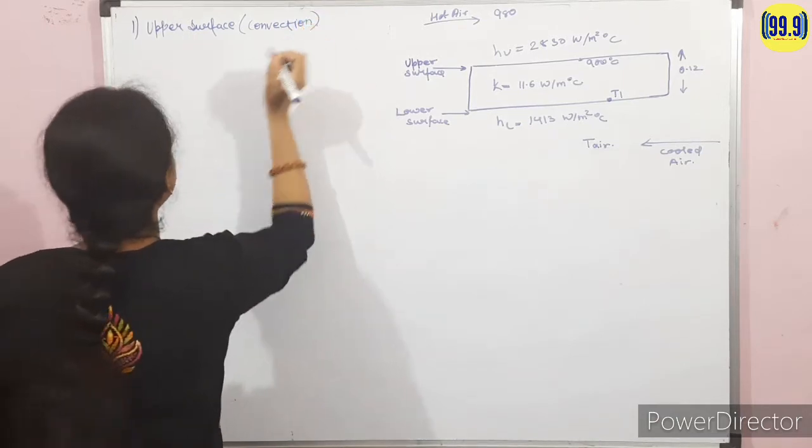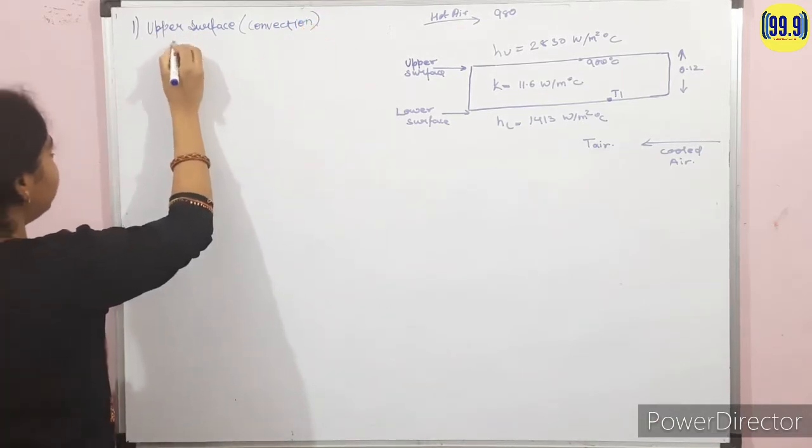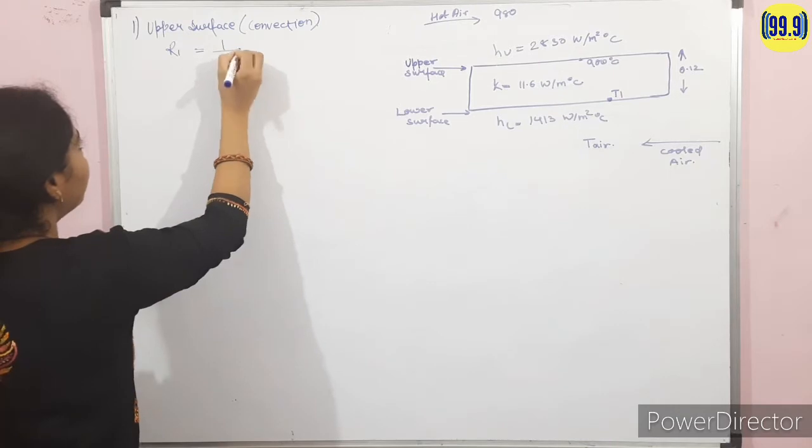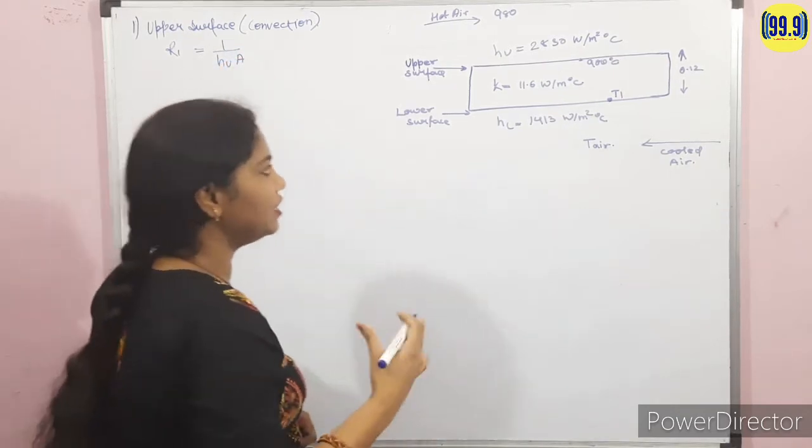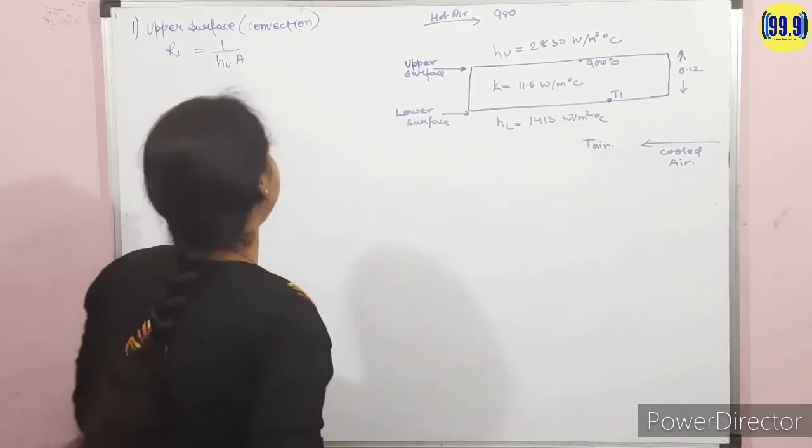So the resistance for the convection mode will be R1 is equal to 1 upon hA. So we assume that we have a unit area.